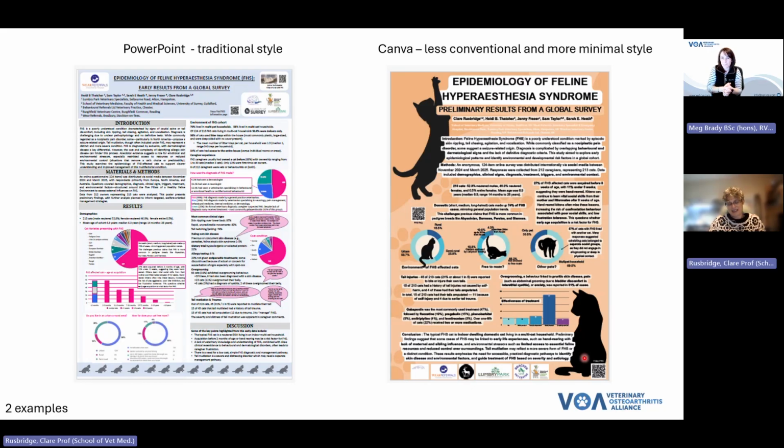Yes, the research curious. Absolutely, turn research phobia and research curious into research active. I look forward to seeing all these wonderful posters that are going to be produced.